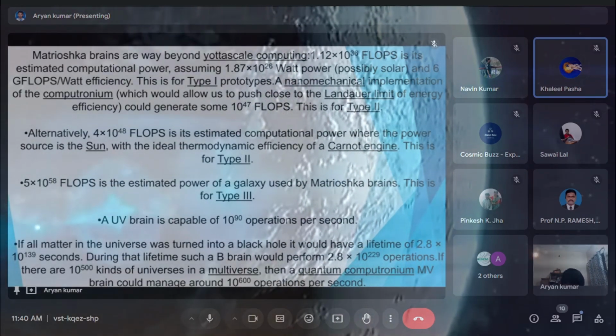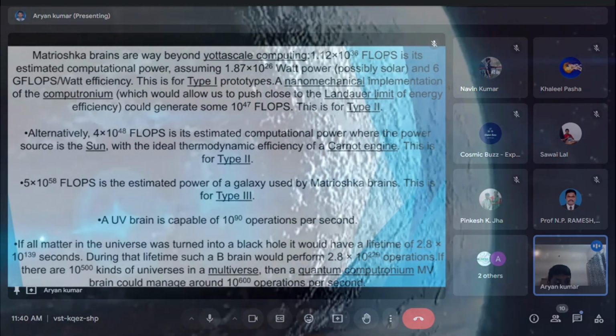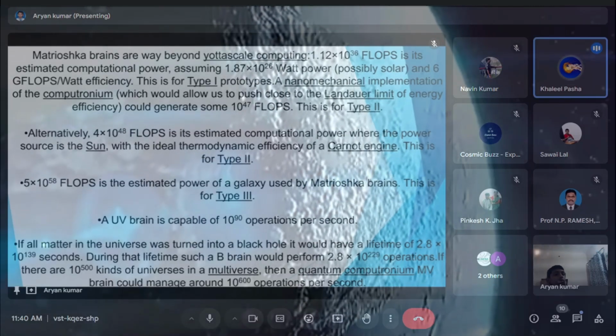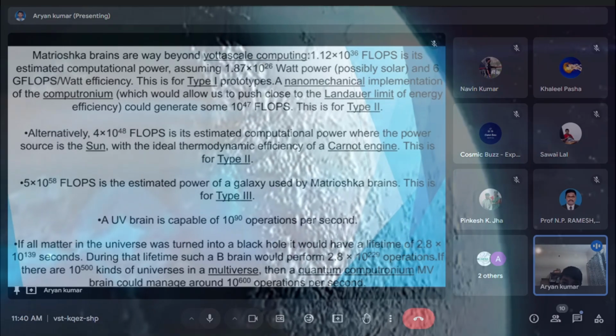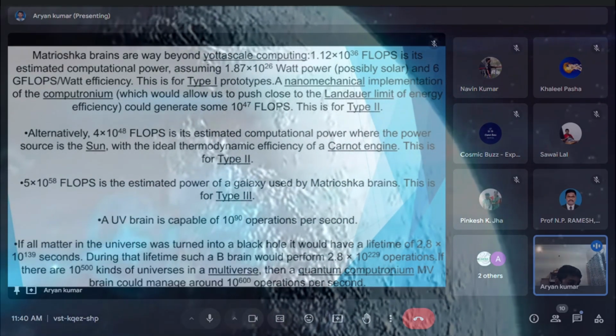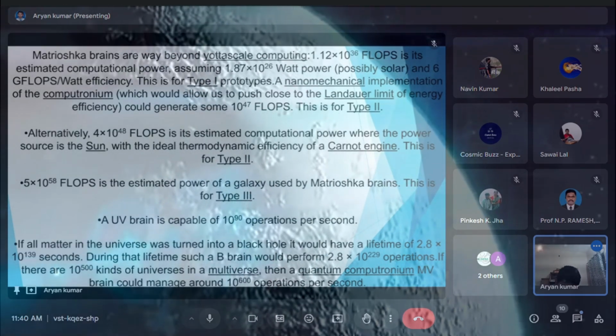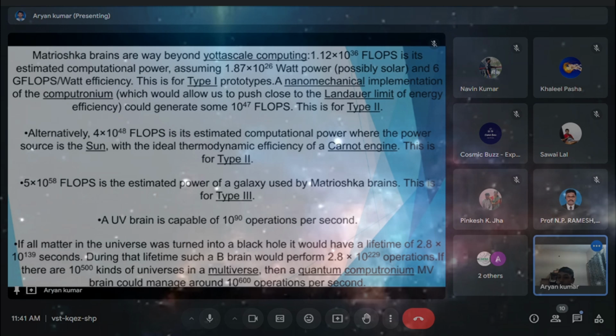No. Okay. Did you get it? Matryoshka brains and asteroid mining. Yes. So can you explain to me what a Matryoshka brain is? Khalil? Okay, I don't think so.